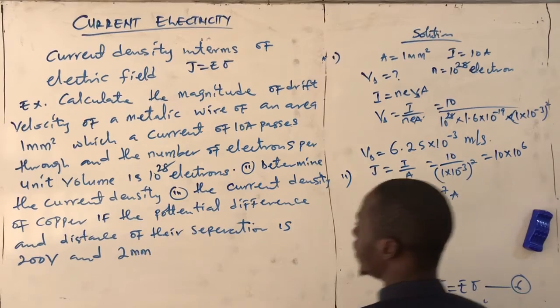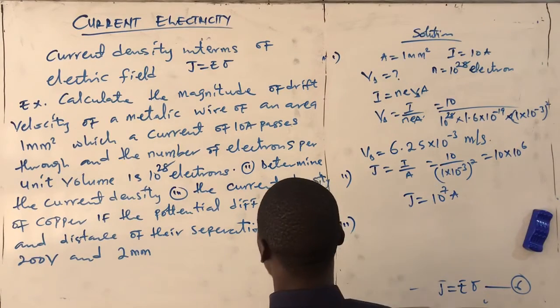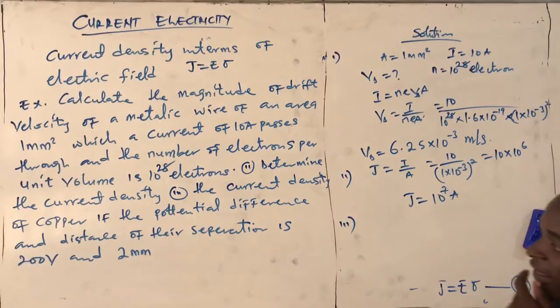Now the third question says we should calculate the current density of copper if the potential difference and the distance of separation are 200 volts and 2 millimeter.